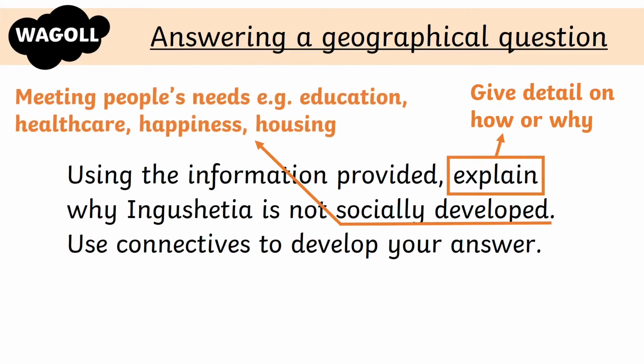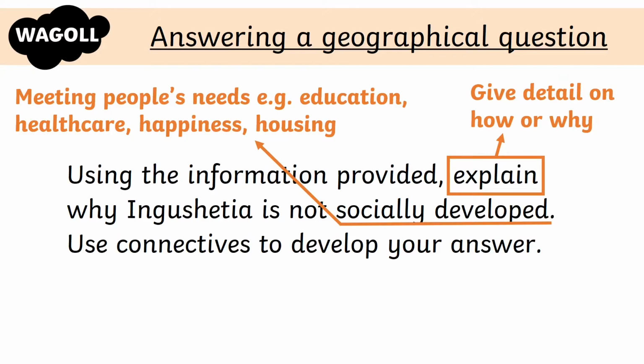So socially developed, we are looking at any information that explains why Ingushetia is not meeting people's needs. So these needs could be education, healthcare, happiness, housing. And we've got to be very careful not to discuss things like money, jobs, the natural environment.